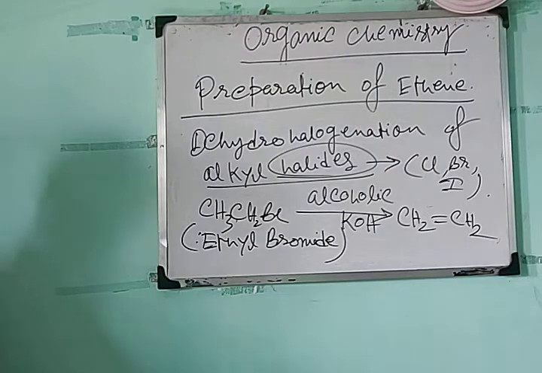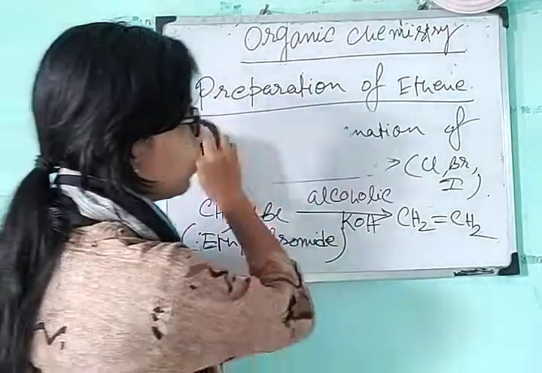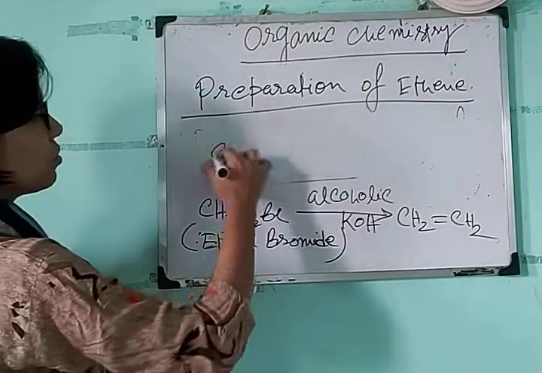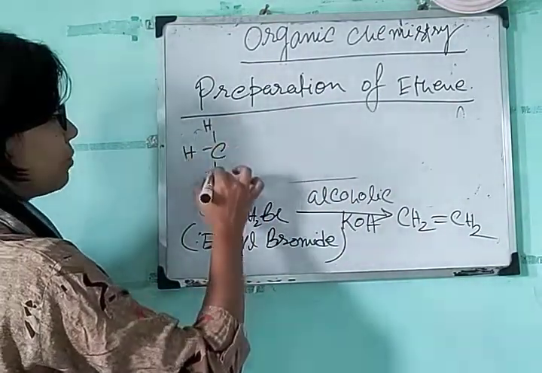So how is this reaction happening here? In the first preparatory method, there was the elimination of a water molecule, and in this method there is the elimination of an HBr molecule. So write down ethyl bromide like this.